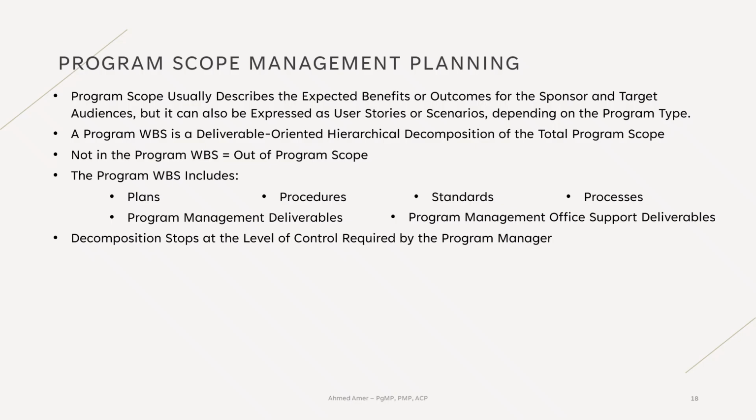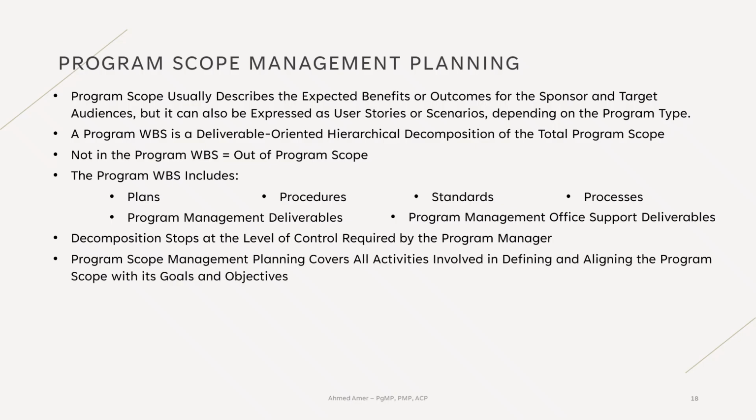I think most of you would agree that program WBS is an essential tool for building realistic program schedules, developing cost estimates, organizing program work, while supporting program reporting, tracking, and control. Accordingly, program scope management planning includes the activities needed to plan and align the program scope with the program's goals and objectives.